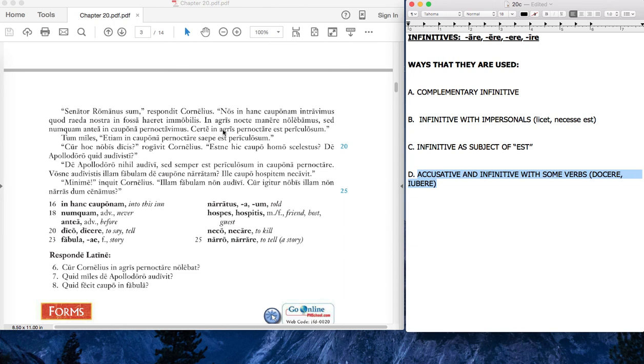To spend the night in the fields is dangerous. So there, pernoctare takes the place of a noun subject and it becomes a subject. So infinitive as subject of est, as we said right there. There's an example there, and then that was actually Cornelius talking, and then the soldier answers him. Even to spend the night in an inn often is dangerous, he says. So that is again a form of being a subject of est. Pernoctare est periculosum. This is the subject of est right there. So there's four examples. I hope that's enough.